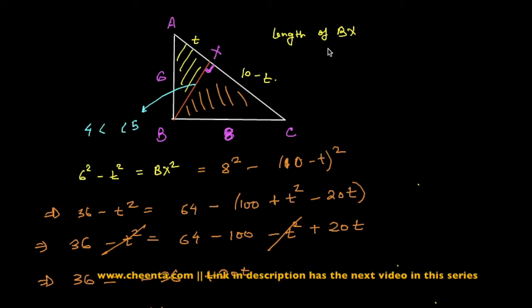Now, this is the part where you will need the intermediate value property. If you drag Bx, or the point x, to the left, notice that the length of Bx will continuously increase to 6, right?